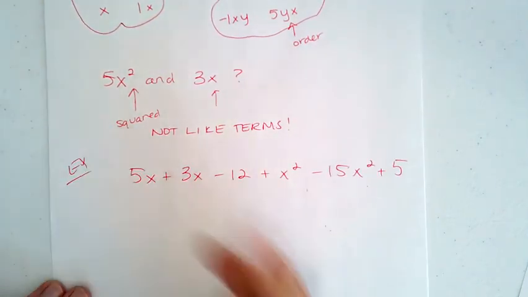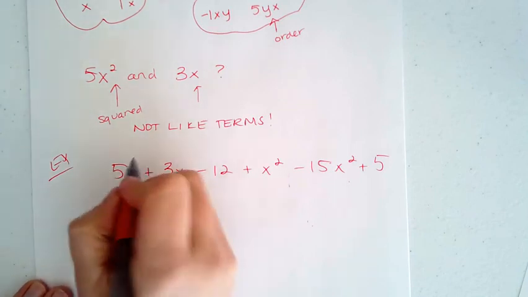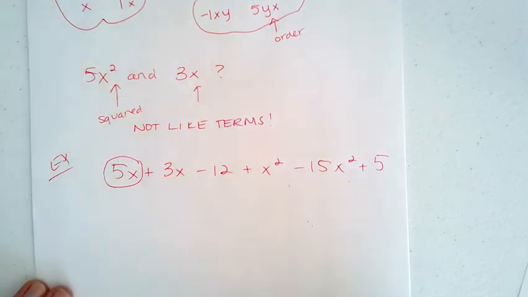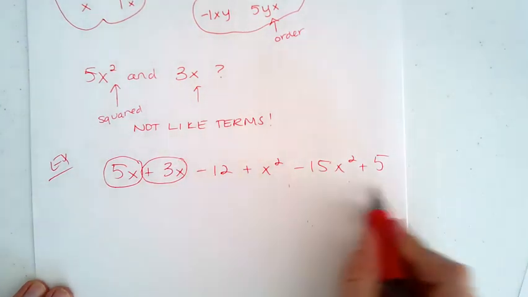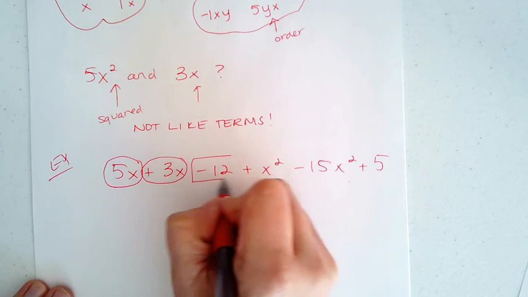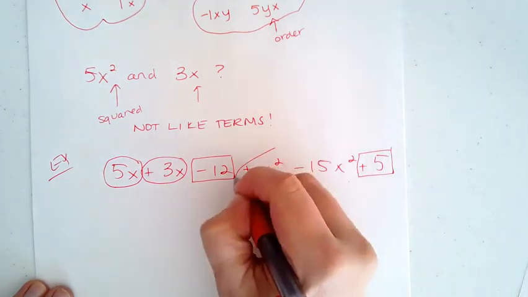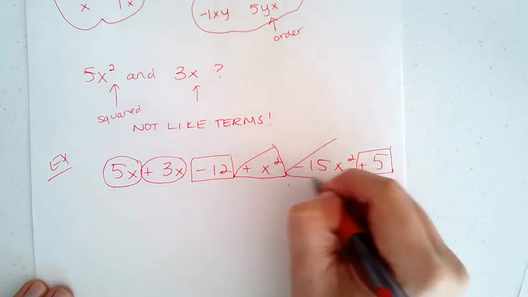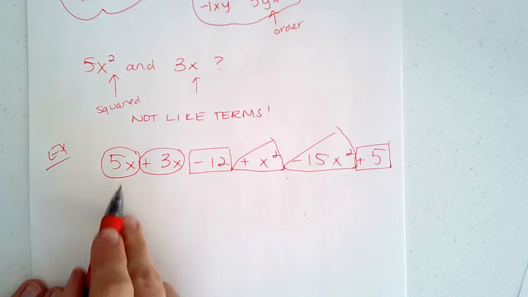But what I can do is I can differentiate each of these, okay? I'm going to put circles around my x's, and I always keep the sign with it. No other x's. I'm going to put squares around just my numbers. And then I'm going to put triangles around my x squareds. These look like weird triangles. And then I can group them up and combine them.